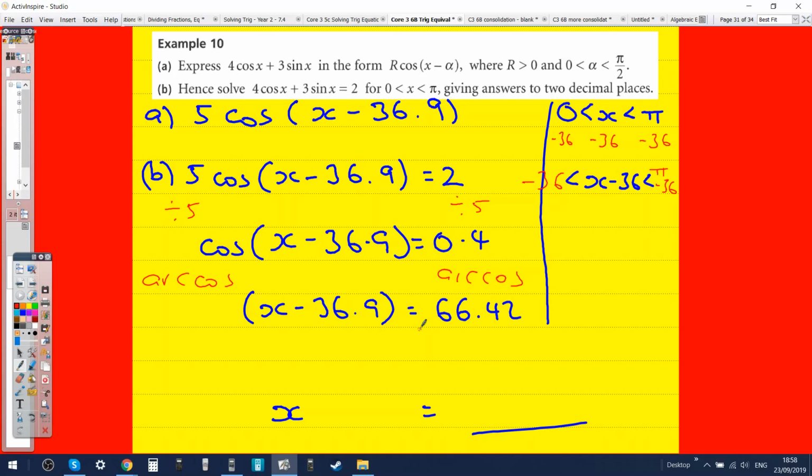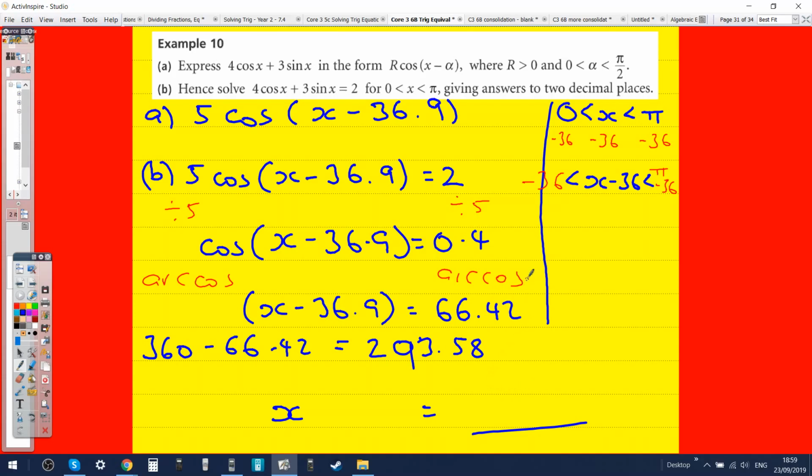Well, 180 plus, that's tan again. 360 plus, 360 minus. Plus minus, doesn't it do the same thing? No. 360 minus 66.42, which is 293.58.